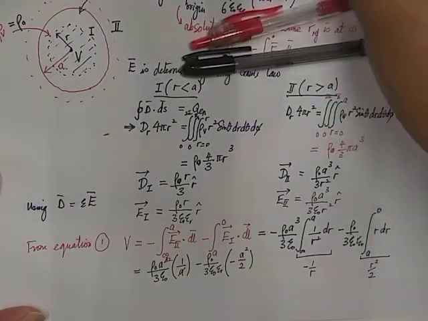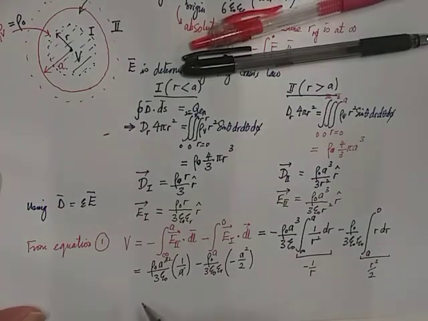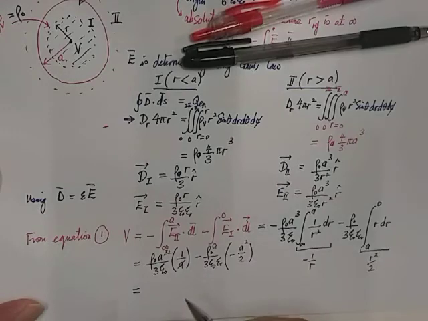Let's make it similar to the one that we were asked to solve: rho naught A squared over 6 epsilon naught epsilon r.